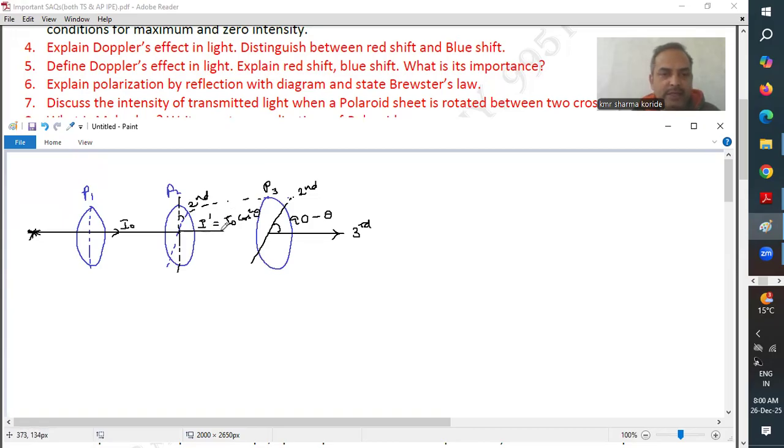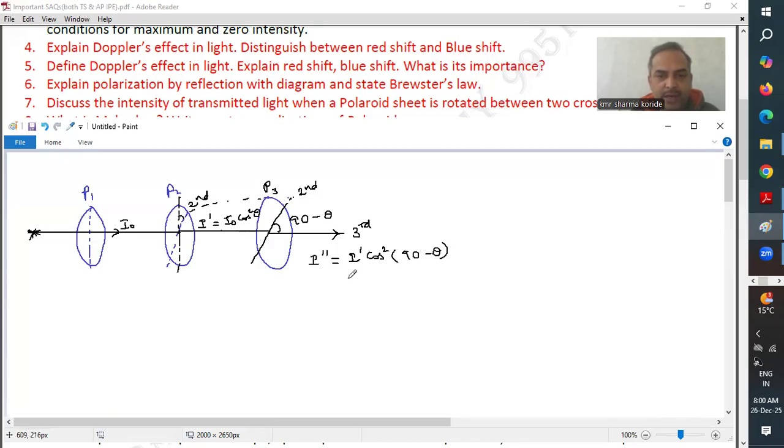This is the intensity of light coming out of the second polaroid. Now the light goes to the third polaroid. Therefore I double dash is I dash cos square 90 minus theta.